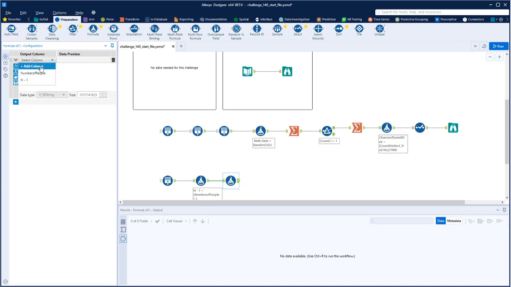I need to create a new column for this, so I'll call it prob of match. It doesn't matter what type it is, double would be fine.